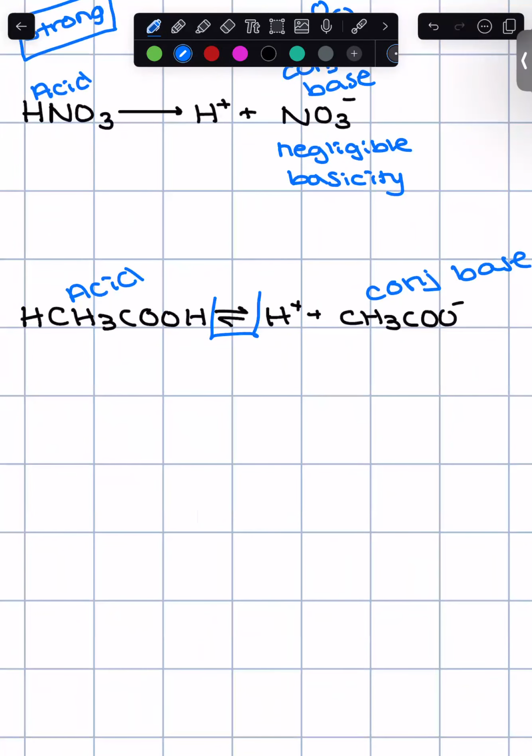That is why you see this in equilibrium, because as this acid dissociates into hydrogen ions and acetate anions, this acetate is going to be reacting with free hydrogen protons or water in solution, and it is going to be going back into this acetic acid form. It does not completely dissociate. That is why we call it weak. Okay.